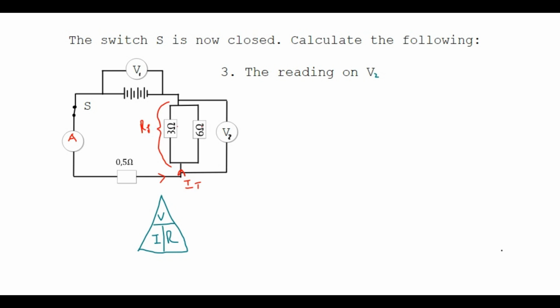So to get V2, we can say I total multiplied by R parallel. We calculated I total in the previous question: 3.2 amps, multiplied by R parallel, which we calculated in the first question: 2 ohms. That gives you a value of 6.4. What are we looking for? V, so it's volts. Cool.